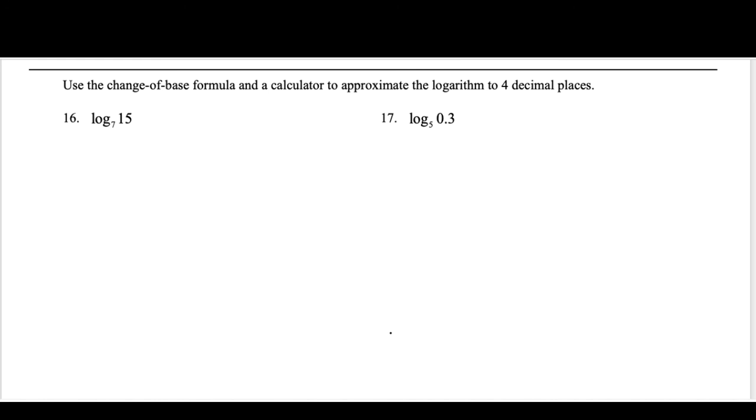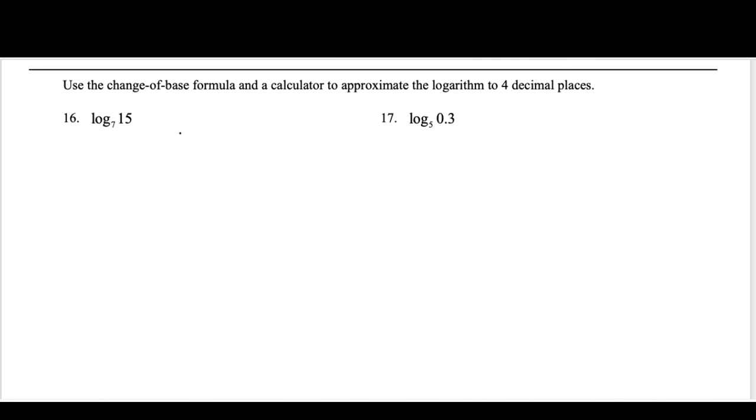Evaluate log base 7 of 15. So that would be the exponent that you raise 7 to in order to get 15, right? We know 7 raised to the power of 1 is 7. 7 squared is 49. So this logarithm will be some number between 1 and 2, but by inspection, we don't know exactly what that value is.